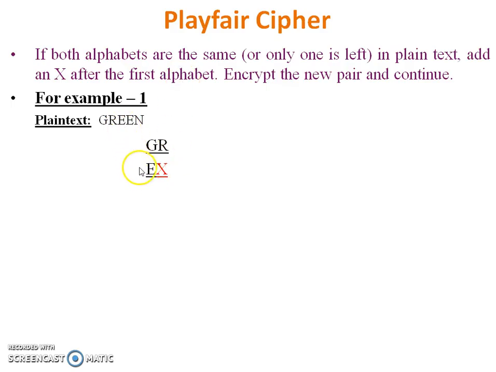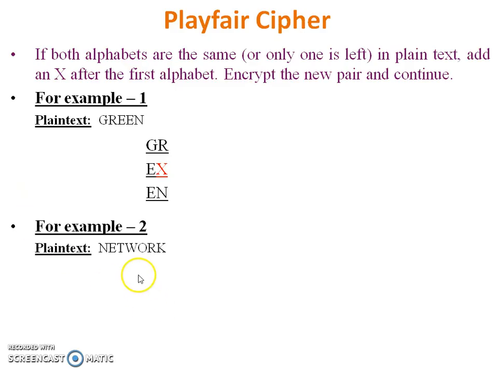So first alphabet is E, then put X, then EN is the last pair. Only one letter is left in the plaintext. For another example, network. So it is NE, first pair, TW, OR, then K is left. So you can see over here KX. K is filled with X and makes a pair with X.